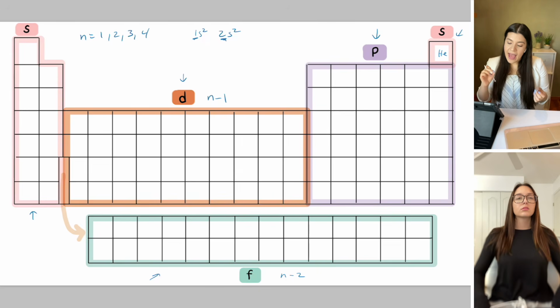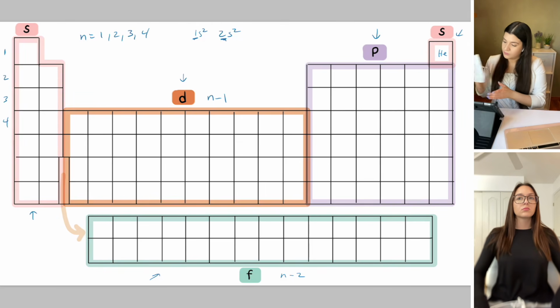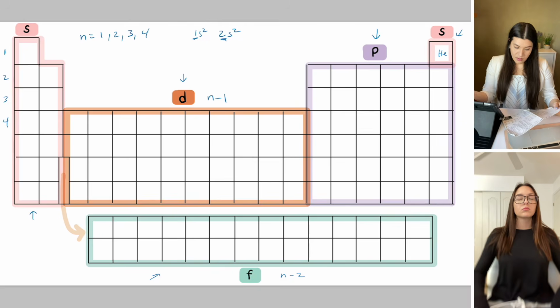So by n minus 1, that just means it's going to be 1 less than the row that it's in. So this would have been row 1, row 2, 3, and 4. Let's say we're ending at titanium.